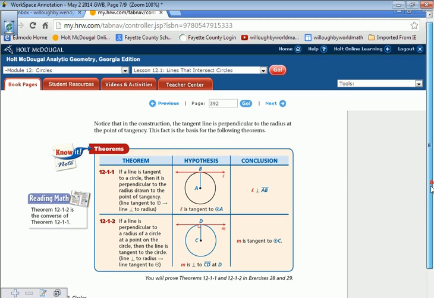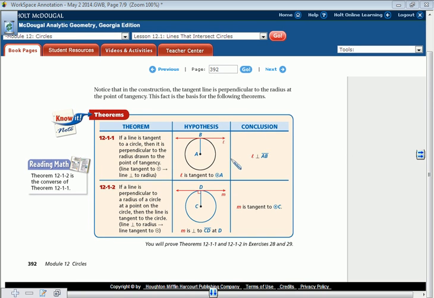Okay, the next page is talking about some things that we have already constructed. If a line is tangent to a circle, then it is perpendicular to the radius drawn to the point of tangency. So here we have a line L, and if it is tangent, then they are perpendicular.